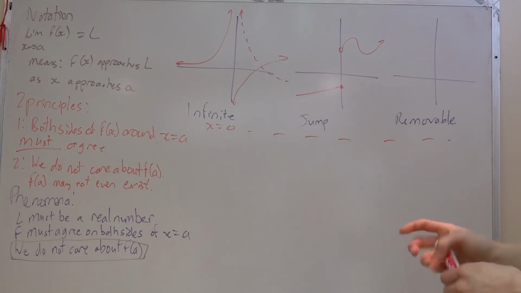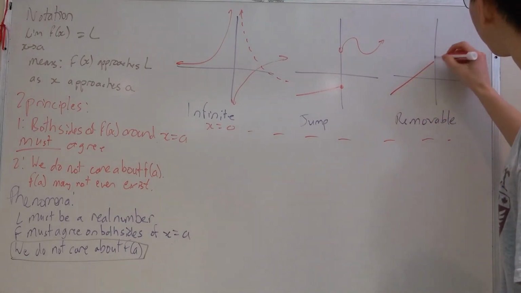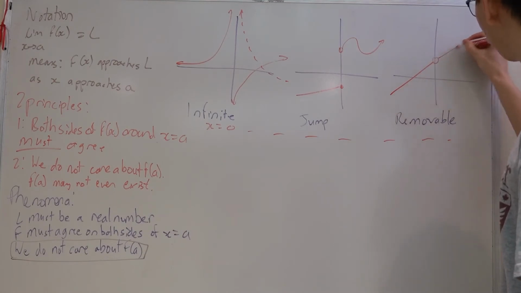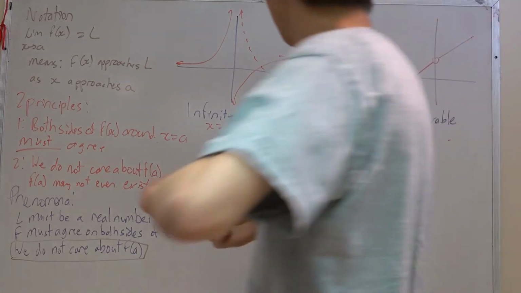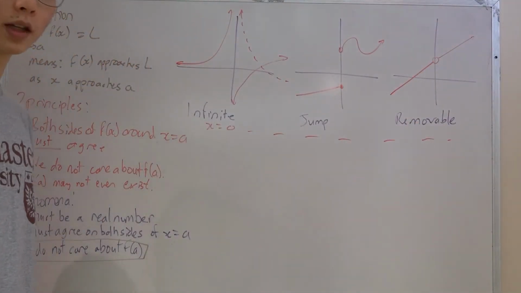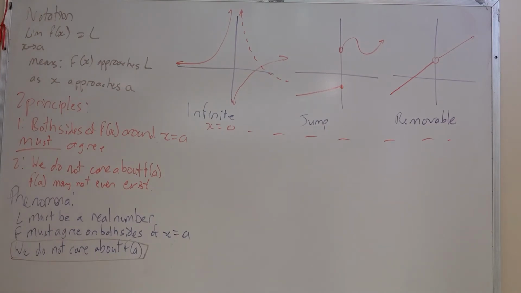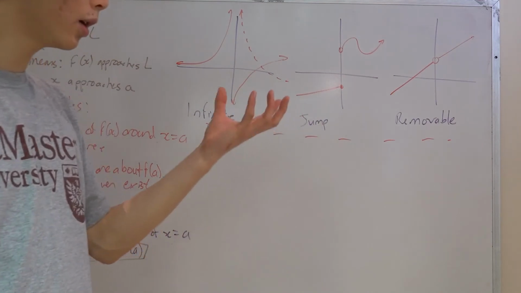It breaks. Okay? The removable discontinuity is perhaps the most subtle one, and it looks like this. Now the thing with a removable discontinuity is that as long as you filled in that point, the function would be continuous. Okay? It's still a discontinuity because the function is not existing at that point. It's a break.